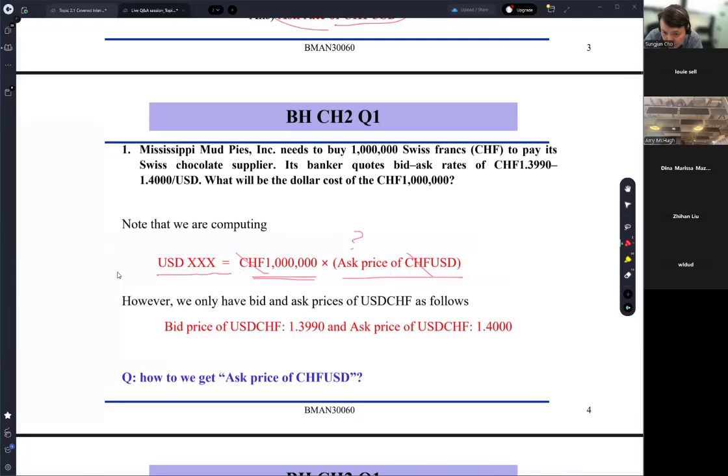It's not given directly. However, we know that bid price of USD CHF is this one. That was the interpretation. Ask price of USD CHF is this one. Given this, can we compute ask price of CHF USD? We already learned this one. This is the reciprocal of this, right?